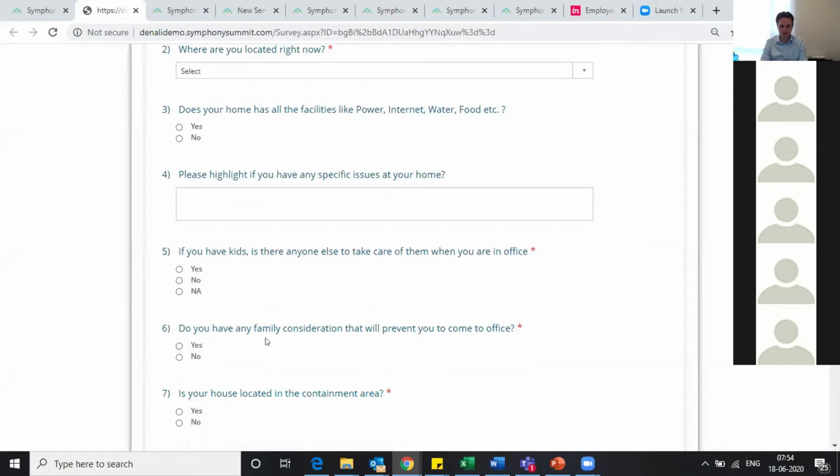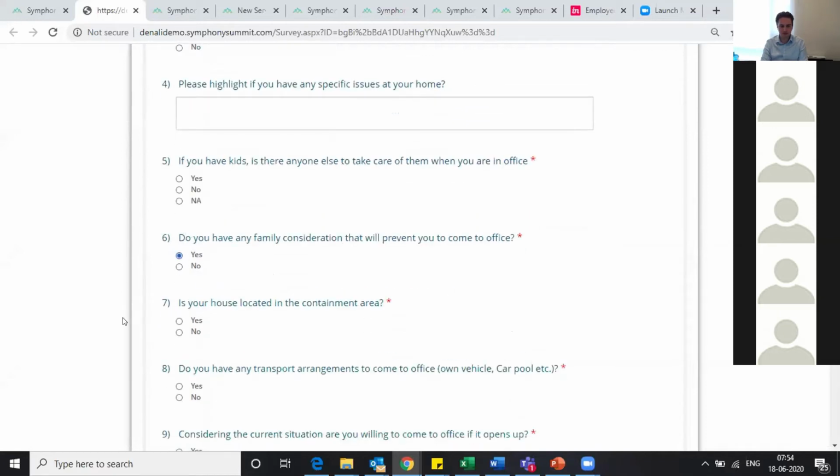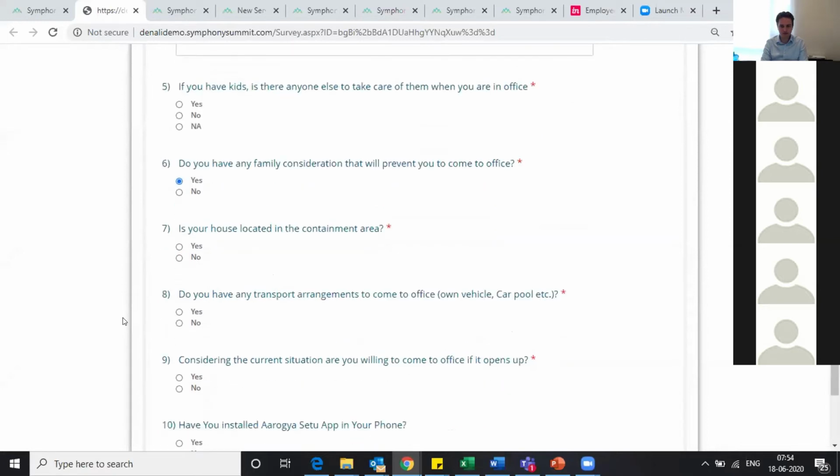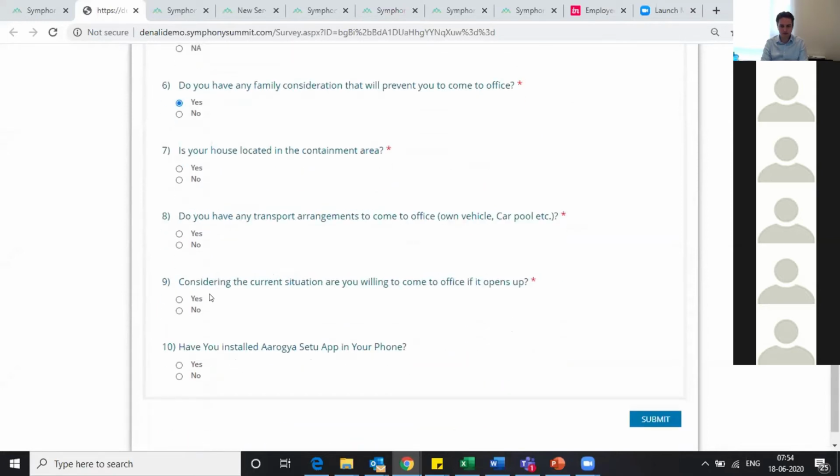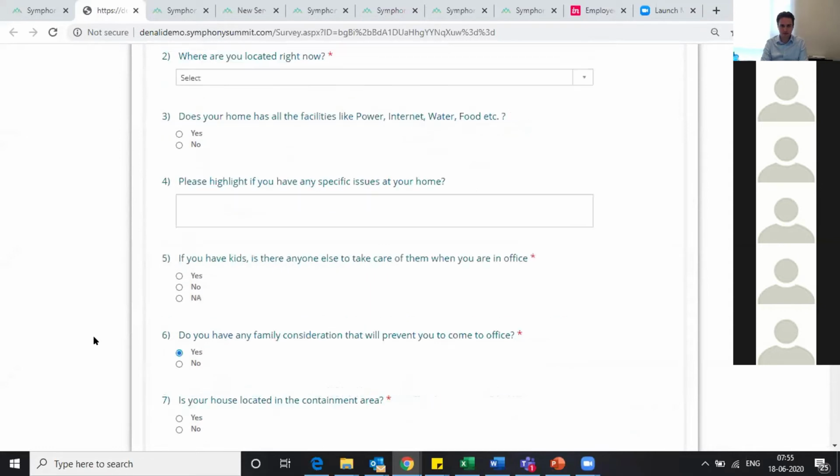Are there any family considerations that I'll need to take to come to office? Or is your house located in any of the highly infected regions? And most importantly, considering the current situation, are you willing to come to office if it opens up? Right? So I can answer all of these questions and then just click on the submit button.